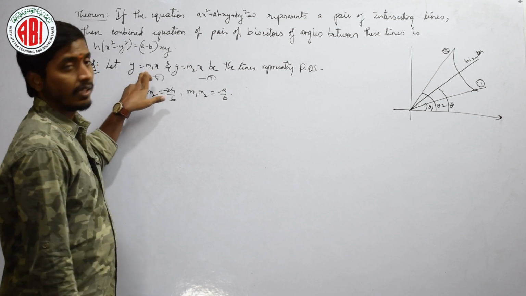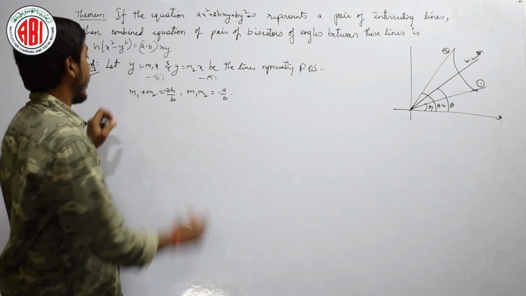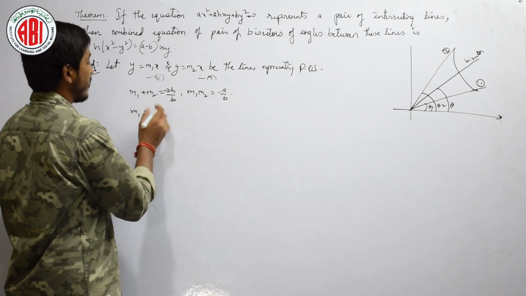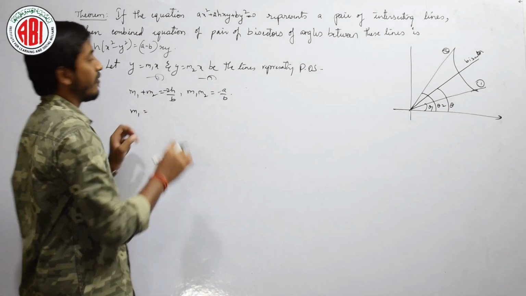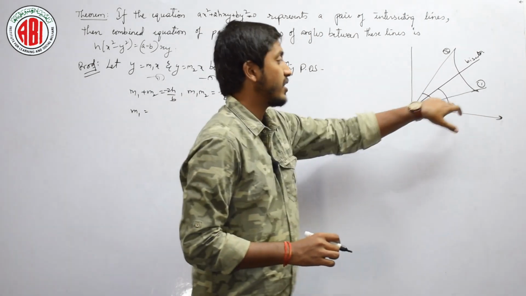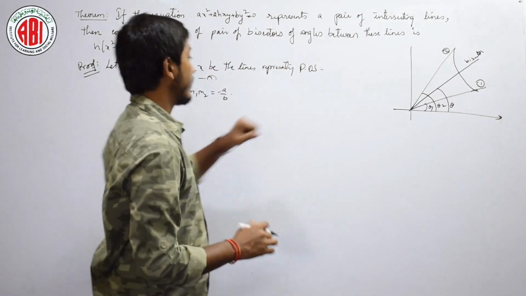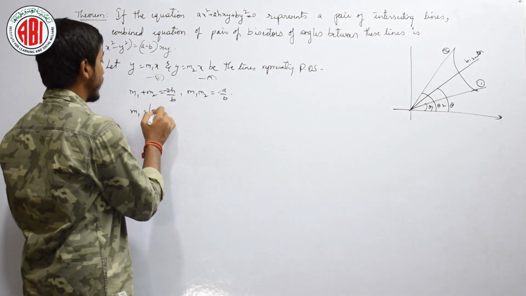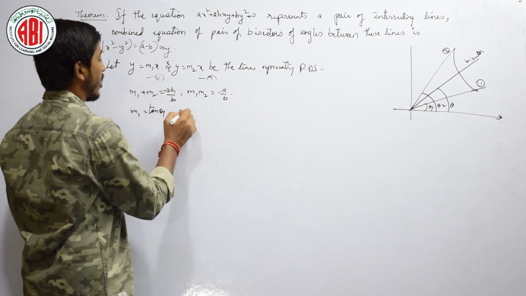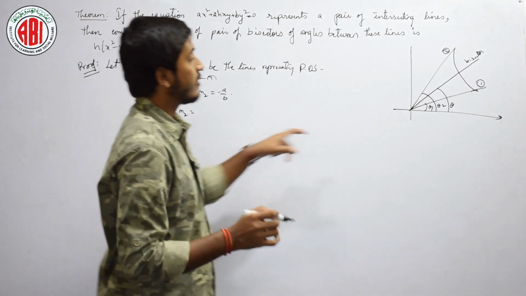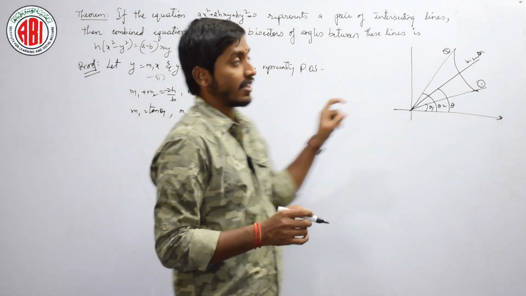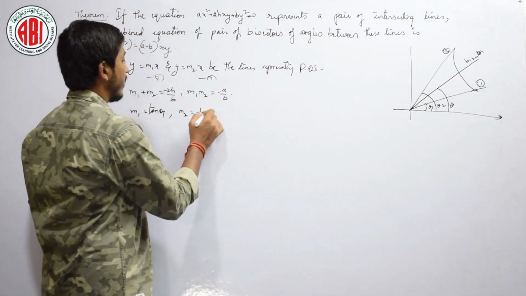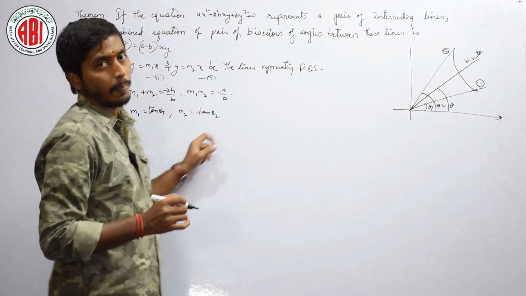Tell me. m1 is the slope of the first line. What is the angle of the first equation with the x axis? That is theta 1, therefore slope is tan theta 1. What is m2? m2 is the slope of this, which is nothing but tan theta 2, right.